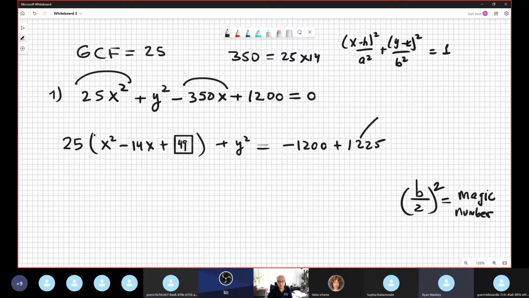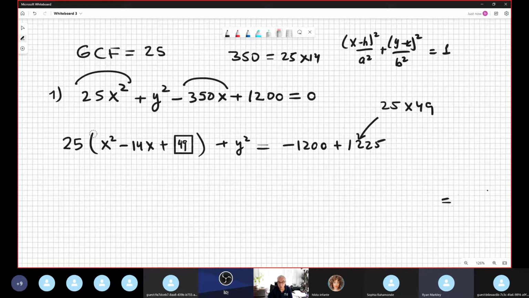Where does this come from? This is the multiplication 25 times 49. You introduce 49 artificially in our equation because I want to complete the square. You introduce this number in order to keep the equilibrium of the equation, because this is an equal sign. Obviously, you introduce 49, multiplied by 25.